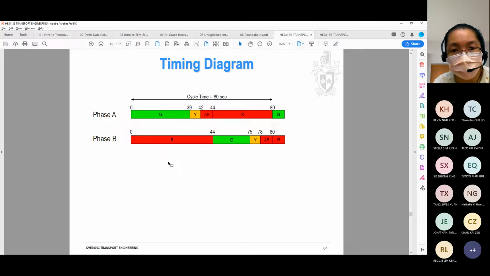At the end of the analysis, we look into the timing diagram. This would show very clearly the cycle time and the green time for each phase, the yellow, all red, and red time.